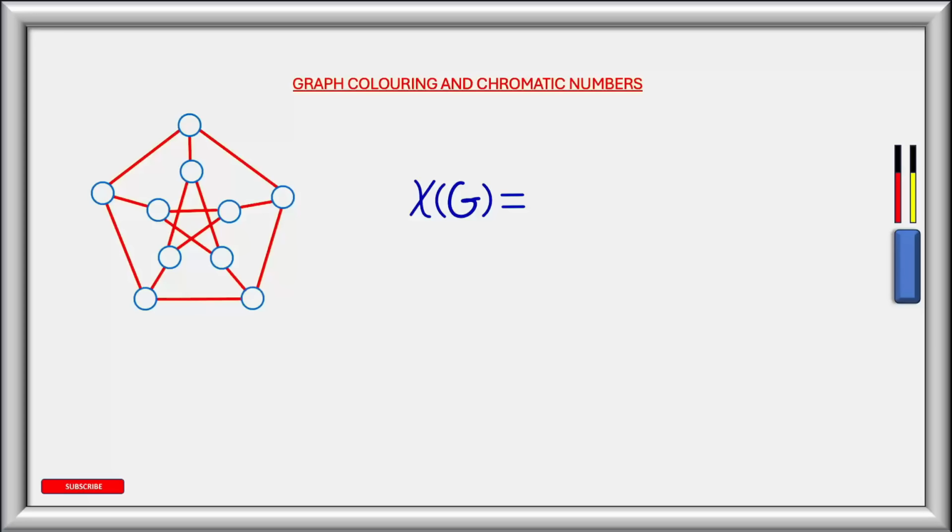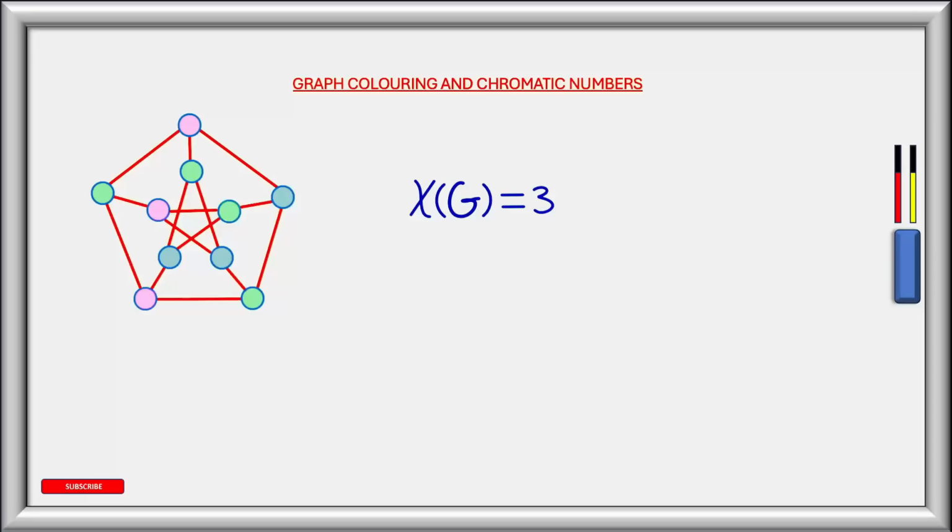And for challenge 4, let's look at the Petersen graph and see if we can work out its chromatic number. If you'd like to play along, pause the video now. And so for the Petersen graph, we have 5 outer vertices forming a cycle. And as 5 is an odd number, we know that we need 3 different colours to keep the adjacent vertices distinct. And for the 5 inner vertices, each vertex is connected to 2 others.